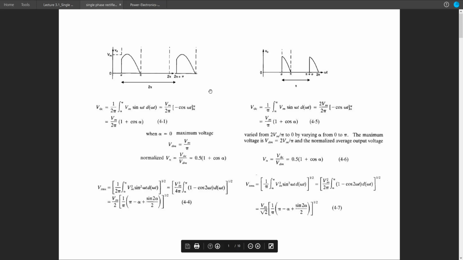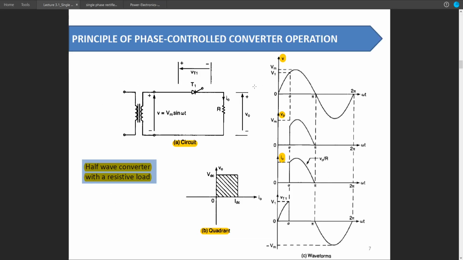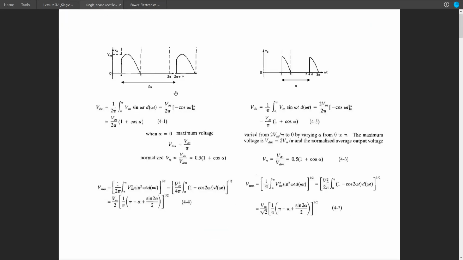This is the extended waveform of the previous waveform diagram. We are going to derive the average voltage and RMS voltage of this waveform. Since it is a symmetrical waveform, this pattern is repeating after every 2π.